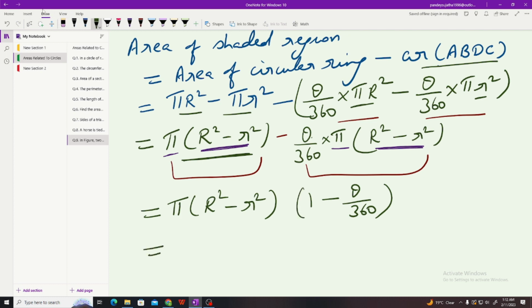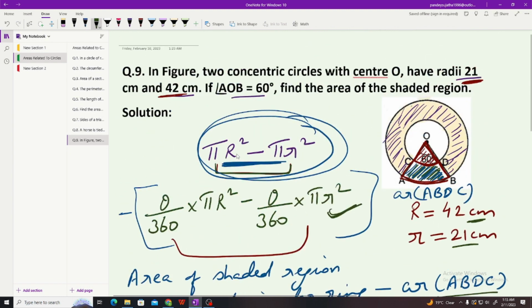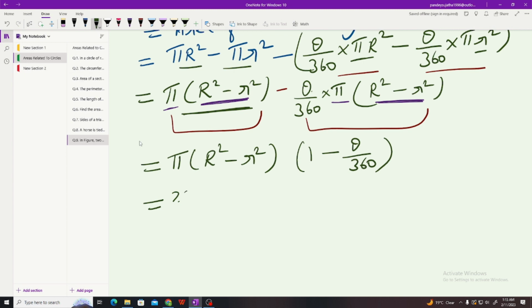So now put the values. Since theta is given here as 60 degree, and capital R is 42 and the small r is 21. So replace the value.